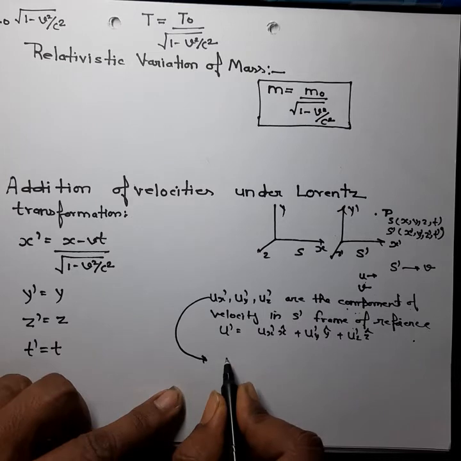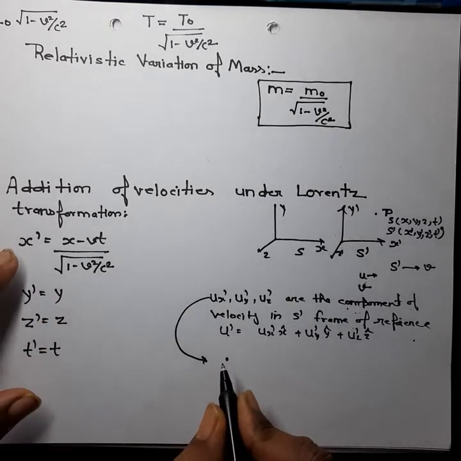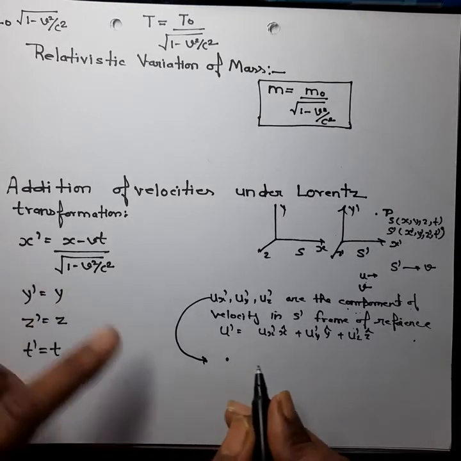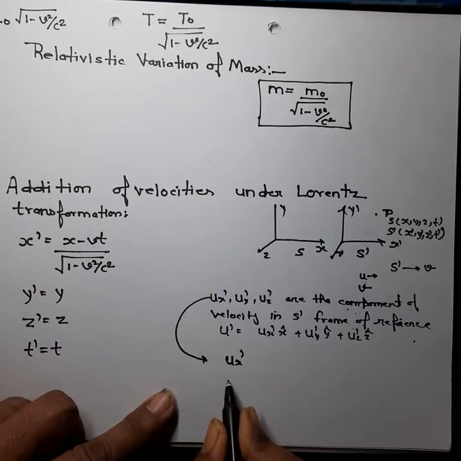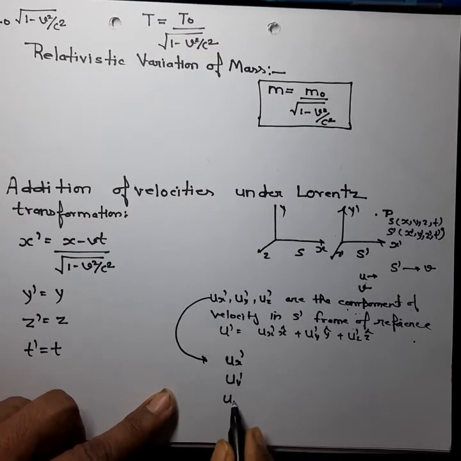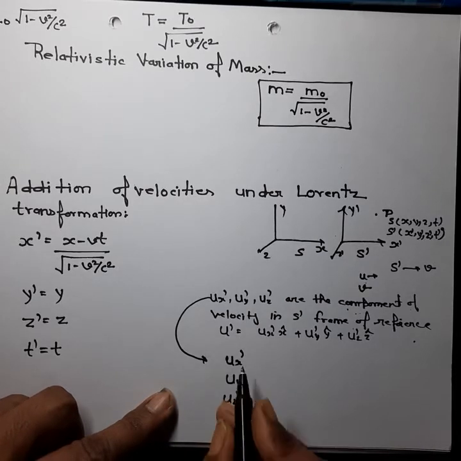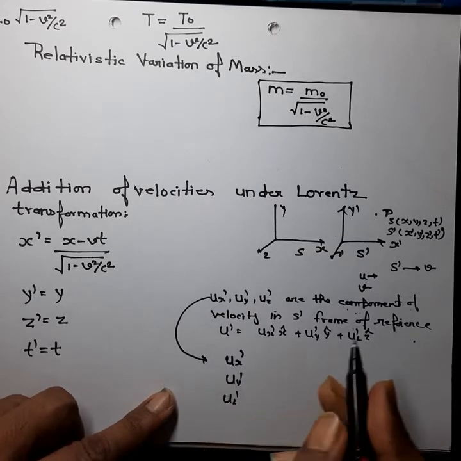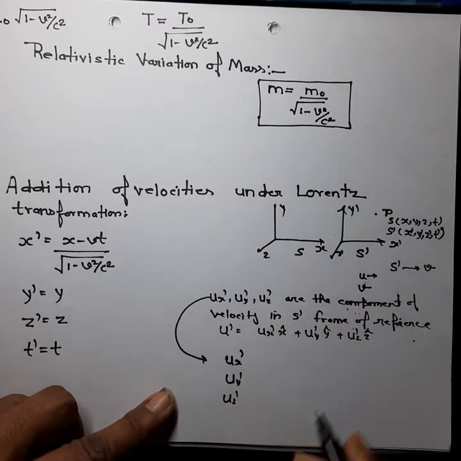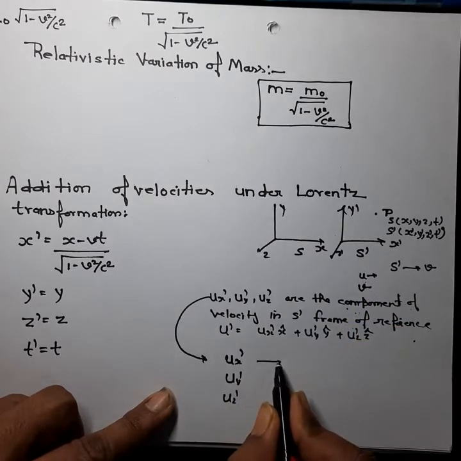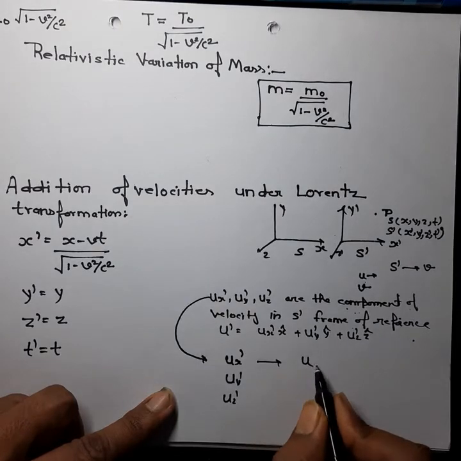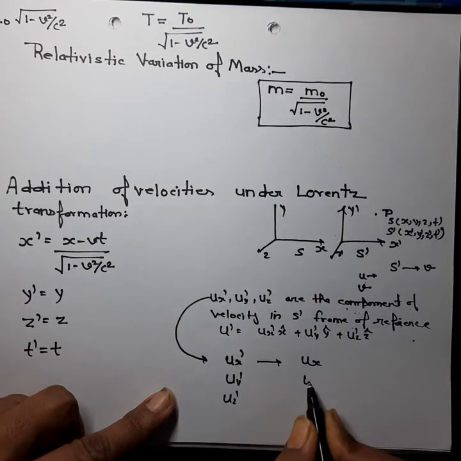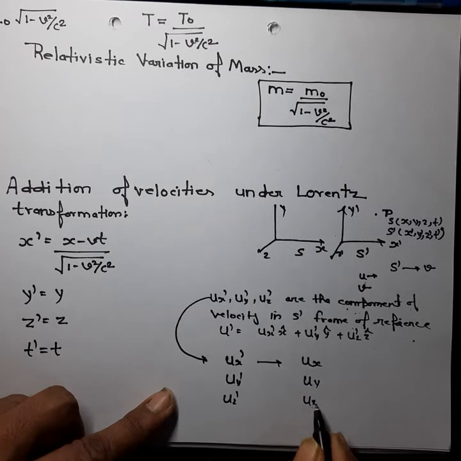Suppose ux dash, uy dash, uz dash are velocity components of some object, then their corresponding components in the S frame of reference can be expressed as ux, uy, uz.